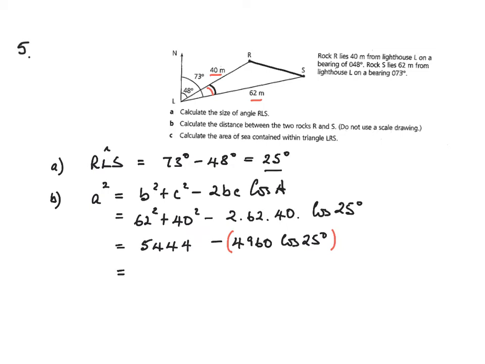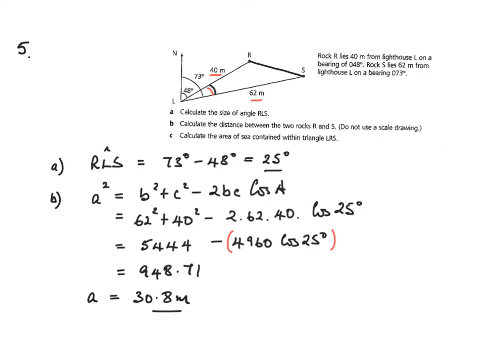And that gives us the answer 948.71, and we have to take the square root because what we have there is a value for a squared, so a then is the square root of that answer, and that's 30.8, and that is meters.